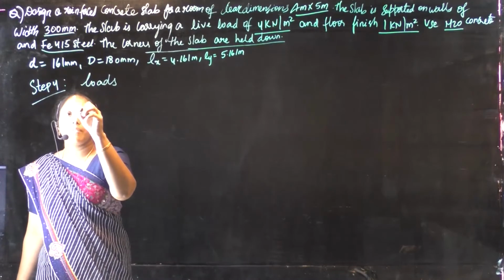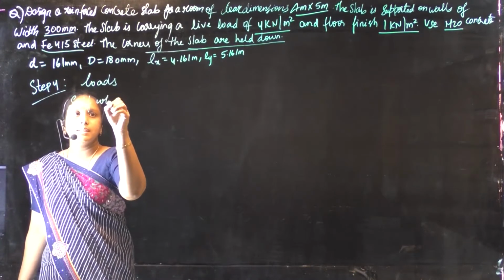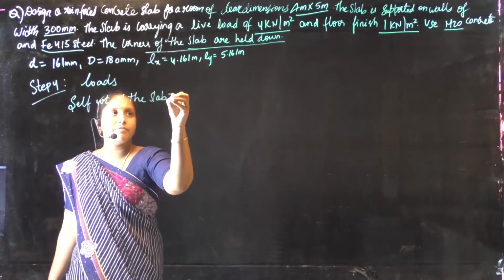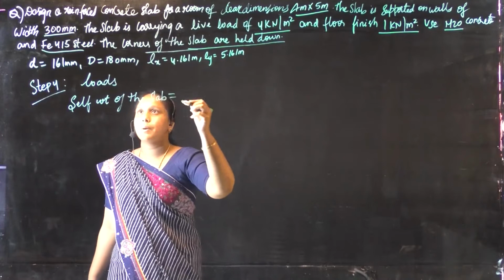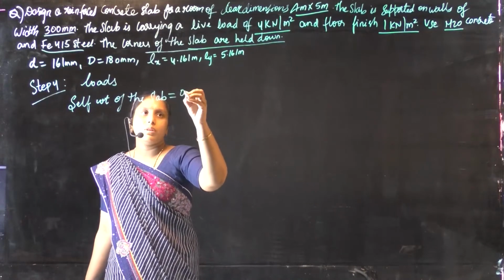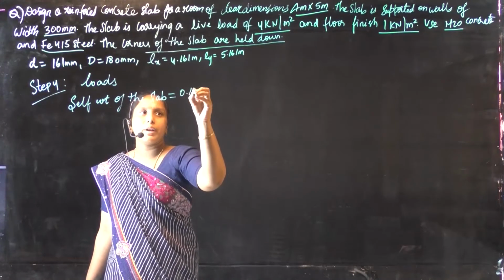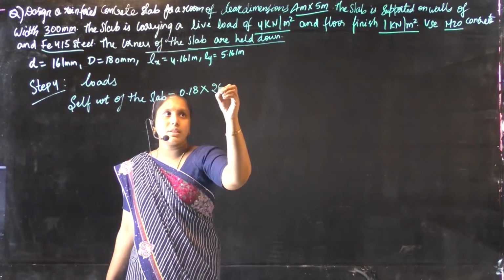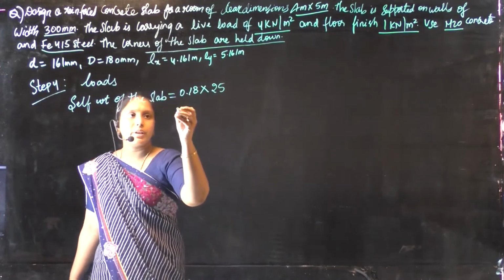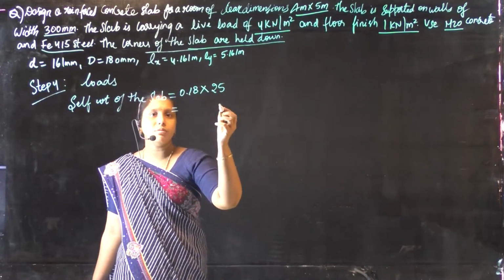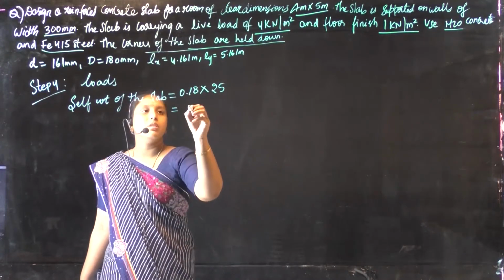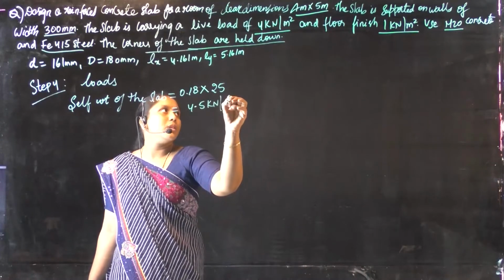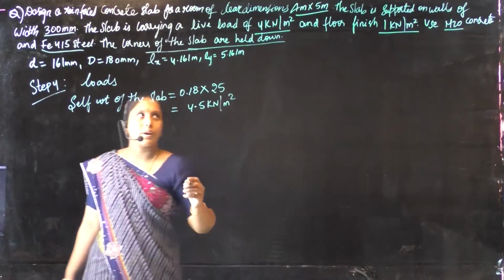First we have to calculate the self weight of the slab. How will we calculate the self weight of the slab? It is the overall depth, which is 0.18 meters, into the unit weight of RCC. What is the unit weight of RCC? It is 25 kilonewton per meter cube, which will give you a value of 4.5 kilonewton per meter square.